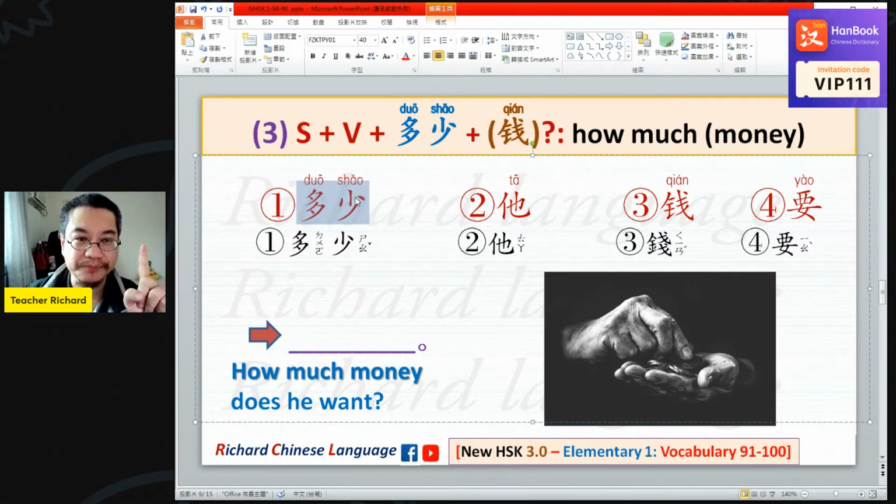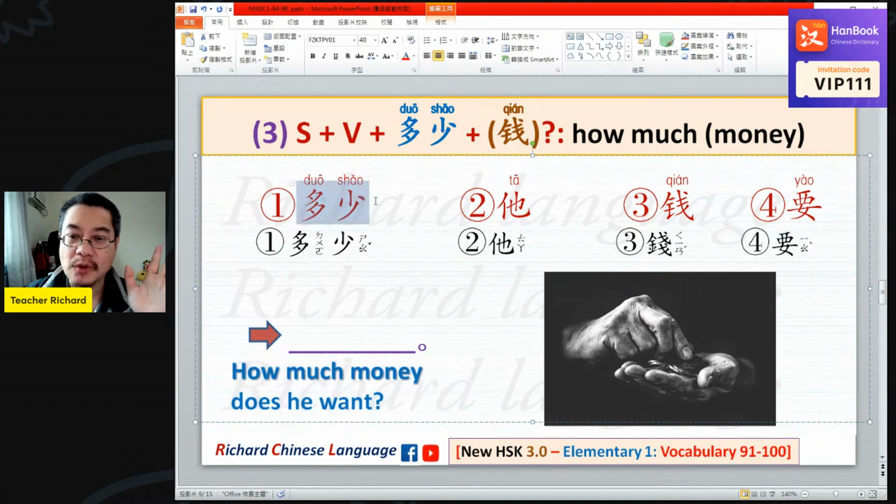Okay, so let's see. 他要多少钱? 他 means he, 钱 money, 要 want. How much money does he want?